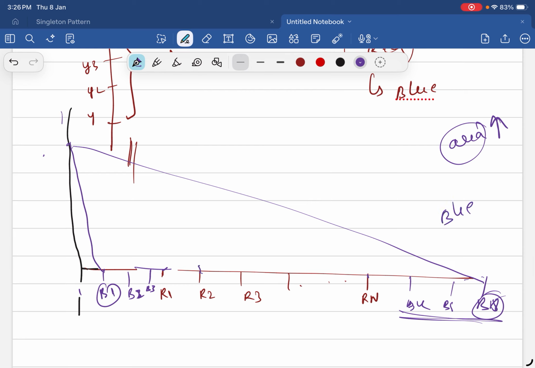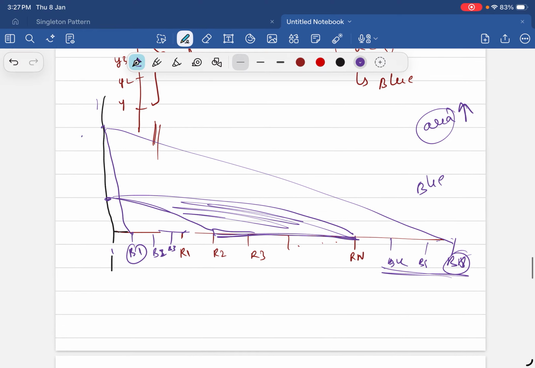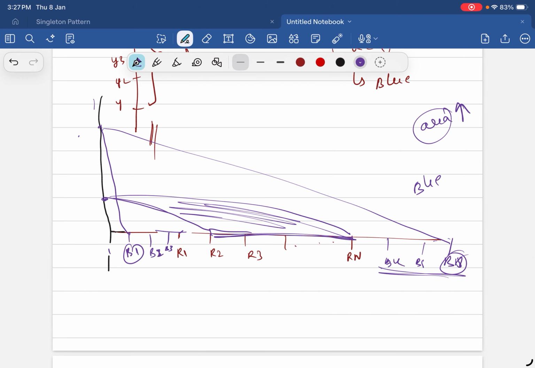But what about reds? If my red is over here, will I increase the area of red? No, I can't increase it.